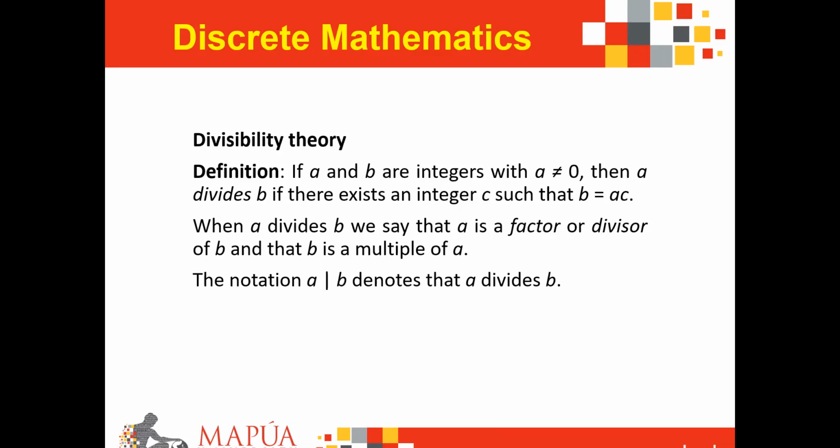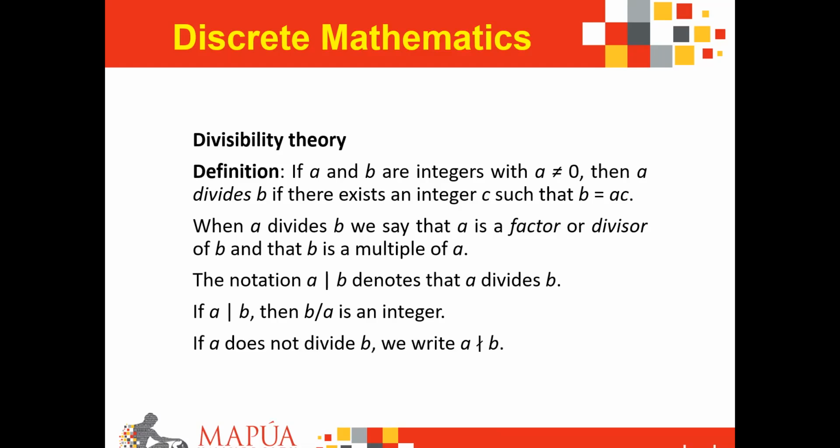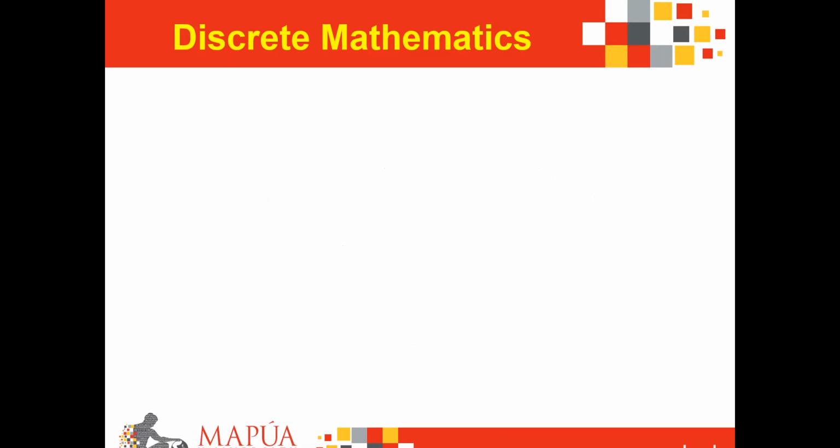A notation is often used for the principle that a divides b. If a divides b, then b over a is also an integer. If a does not divide b, then the common notation is given in this particular form.